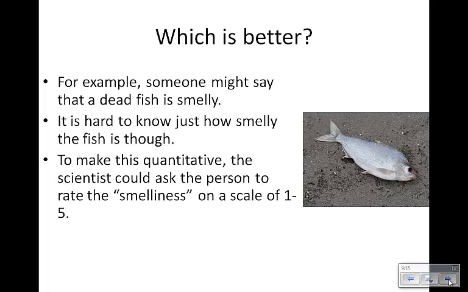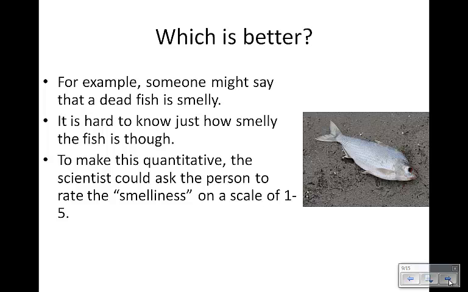One of the ways that scientists have come up to quantify results and quantify observations is you can use a rating system. You've seen this when they talk about movies, like a 5-star movie versus a 2-star movie. Hotels, restaurants, lots of different things use a rating system. So you could also put this fish on a rating system and say, rate the smelliness of the fish on a scale of 1 to 5.